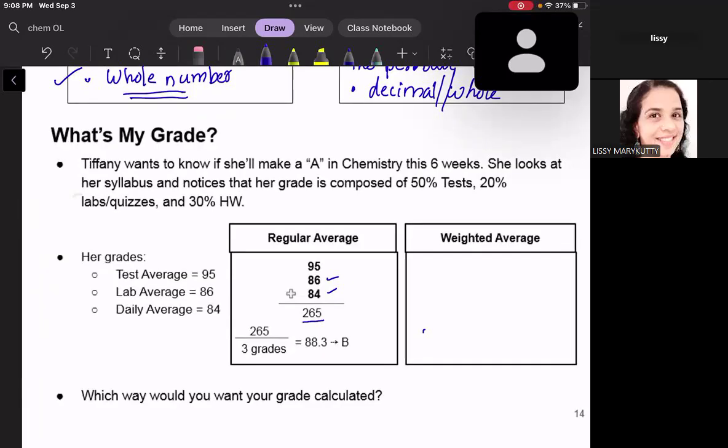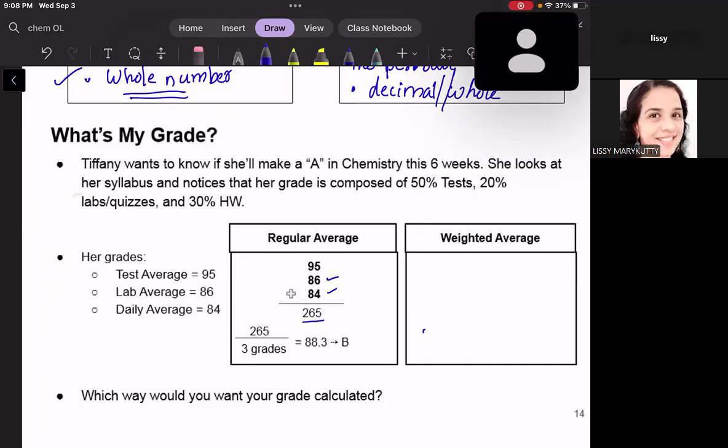We will take one example which is familiar to you: calculating a weighted average of grades. Here one student wants to see whether she will get an A on her chemistry quarter grade.